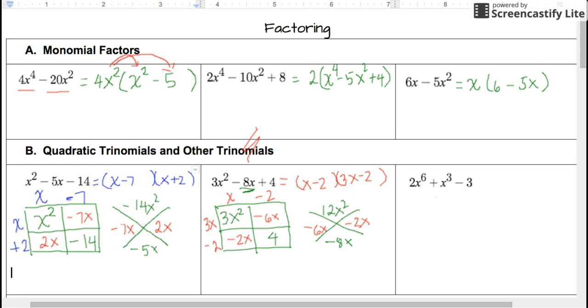This is not a quadratic trinomial because the highest exponent is 6, but it looks like a quadratic trinomial because the degree is 6 for the first term, and the second term is half of 6, just like the first two examples we did. So we can factor it the same way. We need to find the length and the width of the rectangle. So we'll put 2x to the 6 in here and negative 3 here, and it follows the same process.